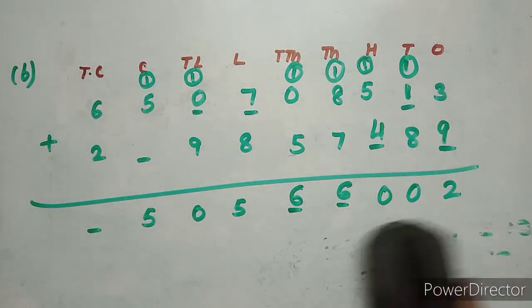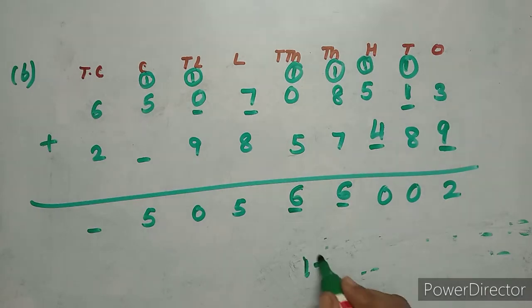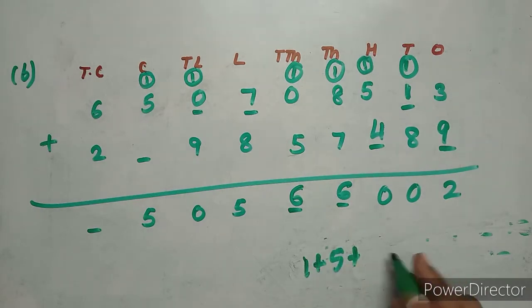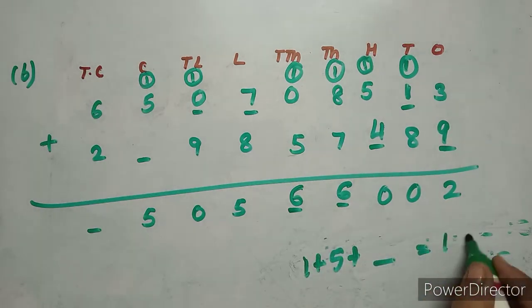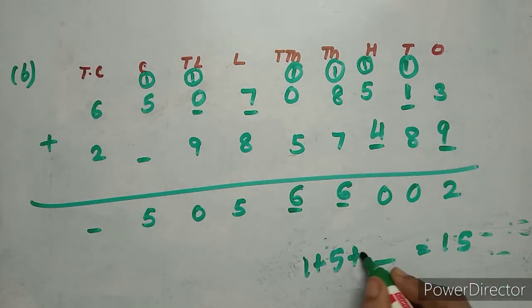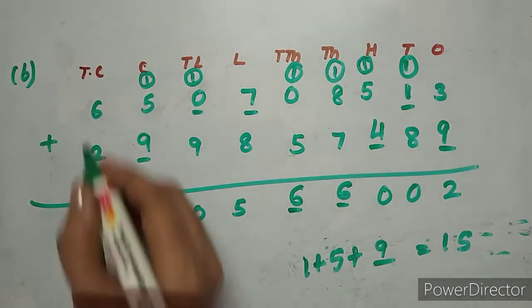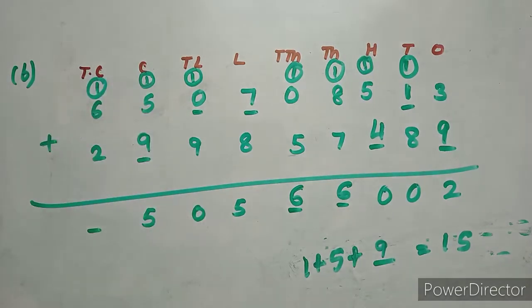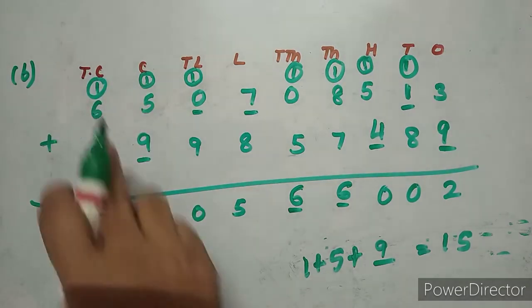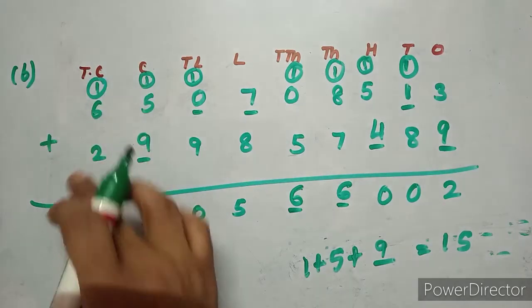So you have 1 plus 5 plus dash is equal to again 15. Okay, so if you add here 9, you will have 15. So add 9 here. So 15 means you have to again carry 1. So here 6, 7, 8, 9.